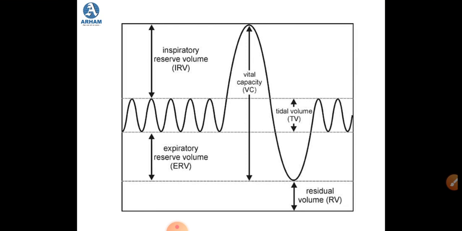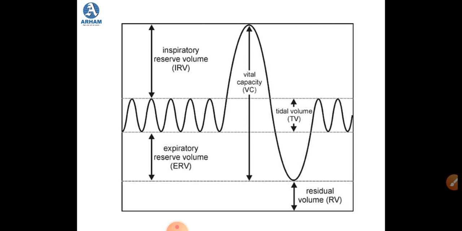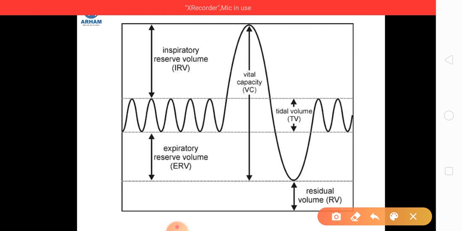Next, all these capacities that we have just learned about, we have to understand in the form of a graph. The tidal volume is the 500 ml of air that we take in, out of which 350 goes to the alveoli and 150 remains in the tract.